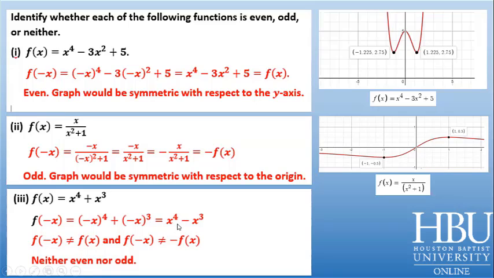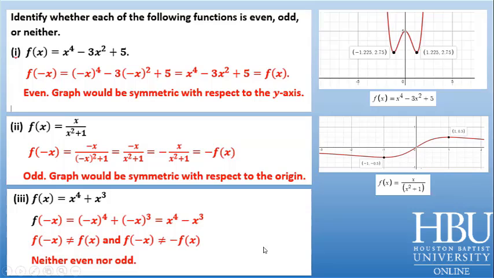So we end up with x to the fourth minus x cubed. f of minus x then does not equal f of x. x to the fourth minus x cubed does not equal x to the fourth plus x cubed. But f of minus x does not equal minus f of x either, because minus f of x would be minus x to the fourth minus x cubed. Since neither one of these is true, this function is neither even nor odd.